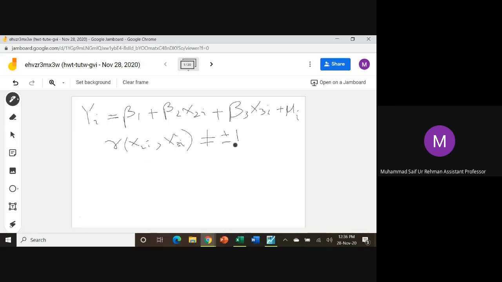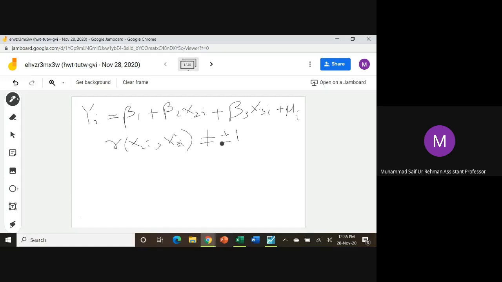Fine. If it is equal to 1 or minus 1, then you will say that there is multicollinearity in the model, and we have to consider this, and then VIF and so many other things. But the OLS assumption is this, that if you want beta 2 and beta 3 to be best linear unbiased estimators, then this should not be the situation, that the correlation coefficient between the first explanatory variable and the second explanatory variable is exactly equal to 1 or minus 1.